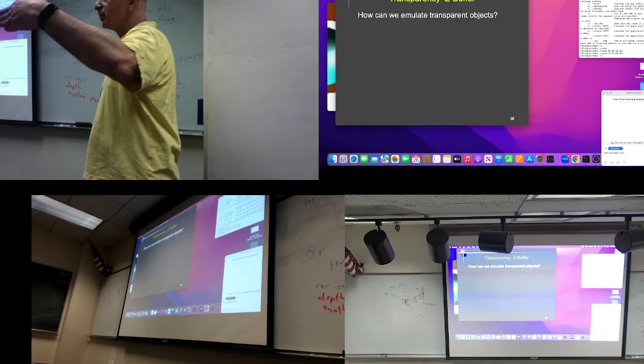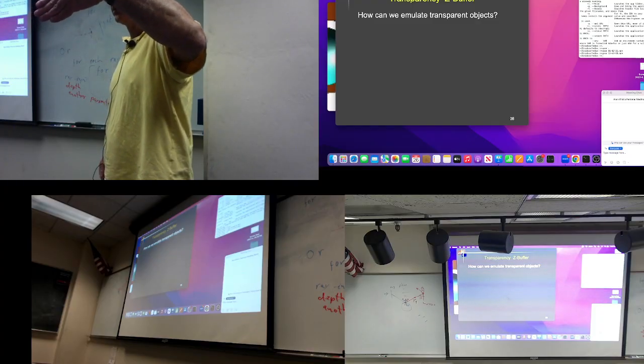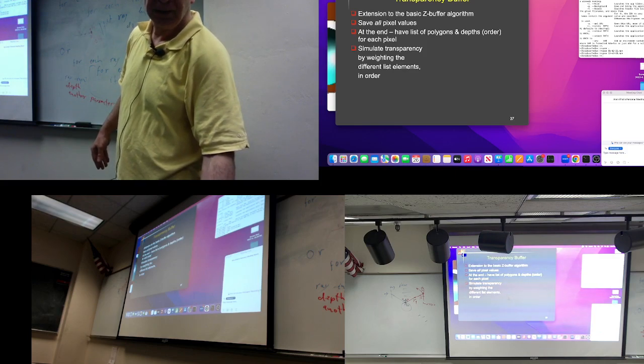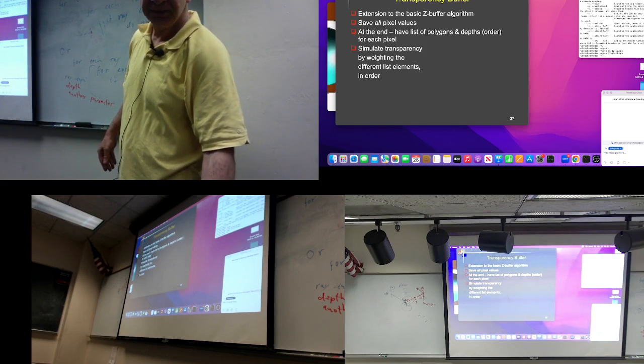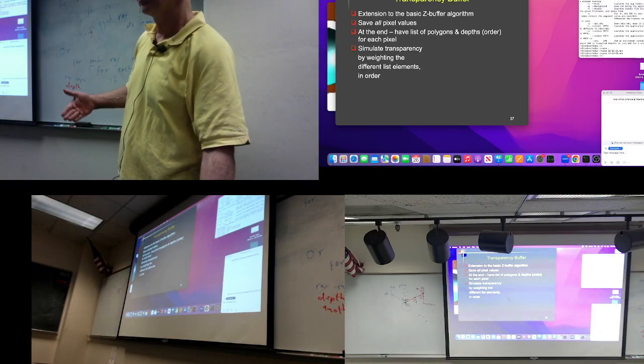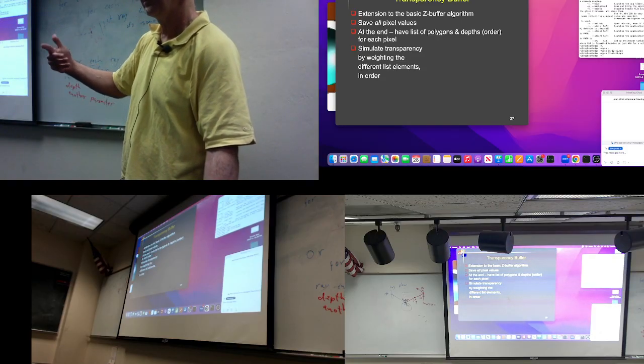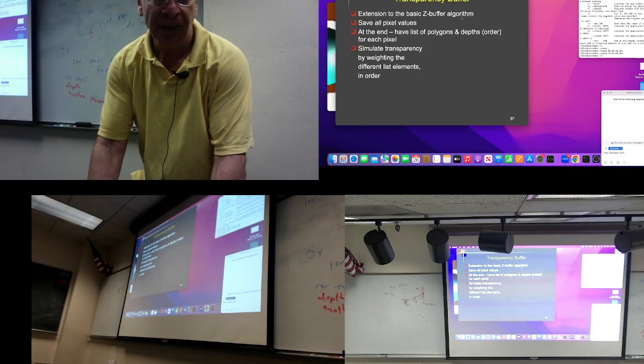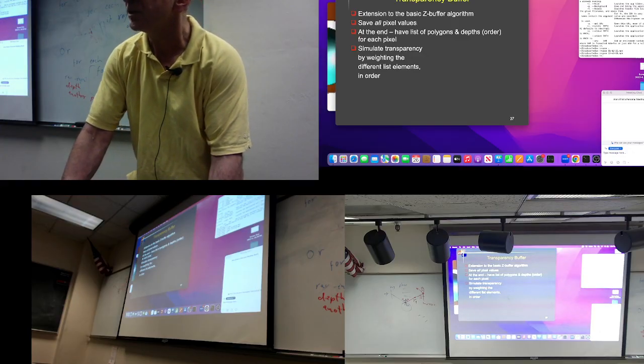Still, you care very much about the object that is the closest to you, and possibly the few that are just behind it. So store not the nearest neighbor to you, but the 3-5 nearest neighbors, depending on how much memory you want to add. So that's the A buffer or transparency buffer related to the stencil buffer.